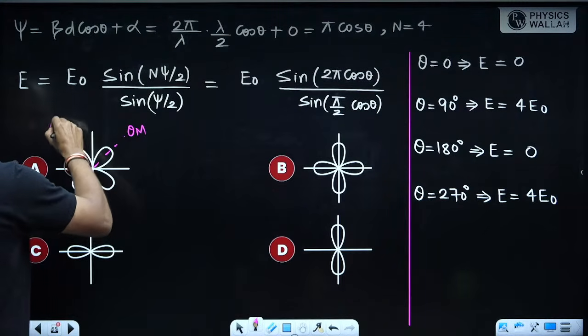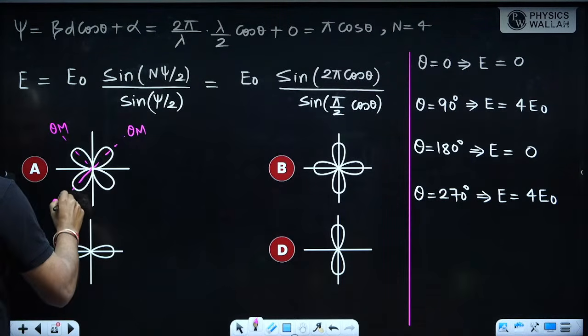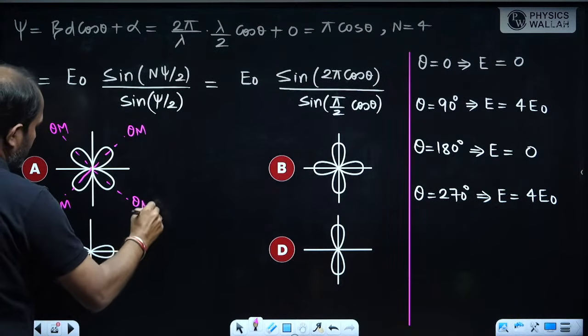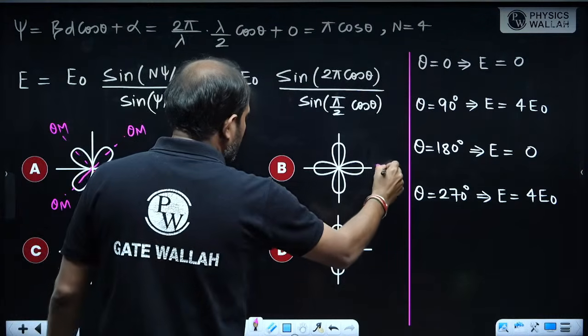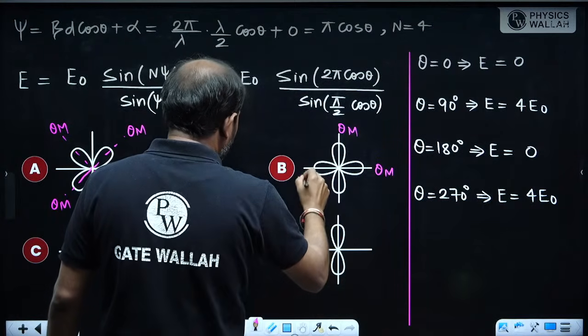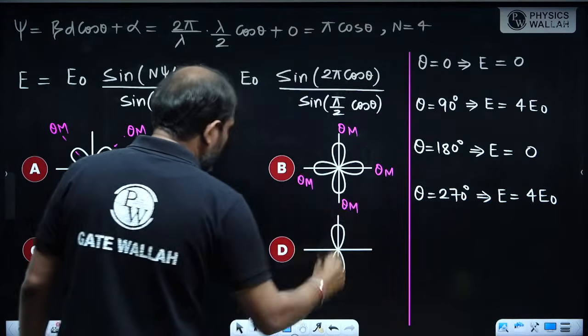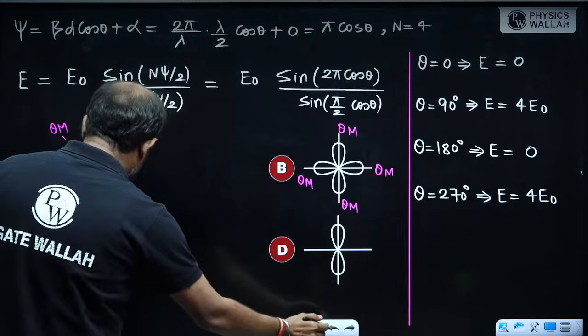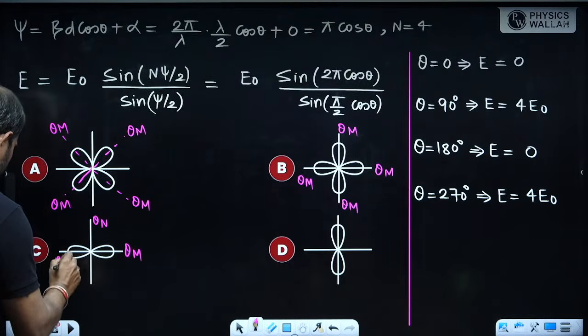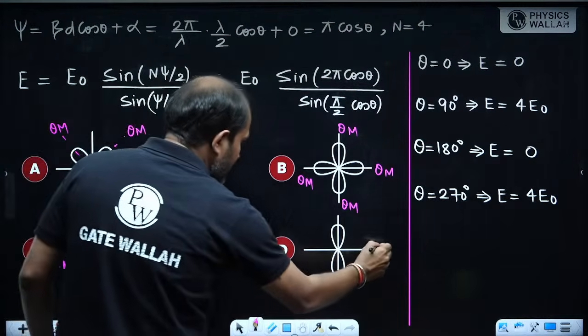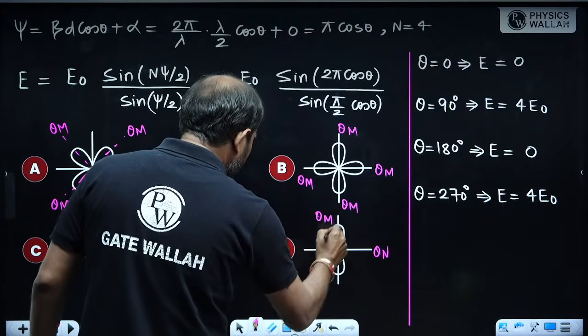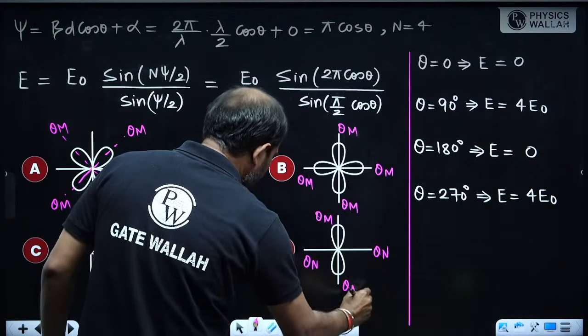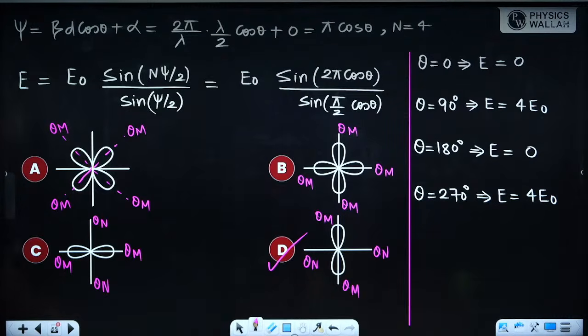This one is maxima, this one is maxima, maxima, null, maxima, null, maxima, null, maxima, null. So D is the option. Maxima, null, maxima, you can calculate and you will get it.